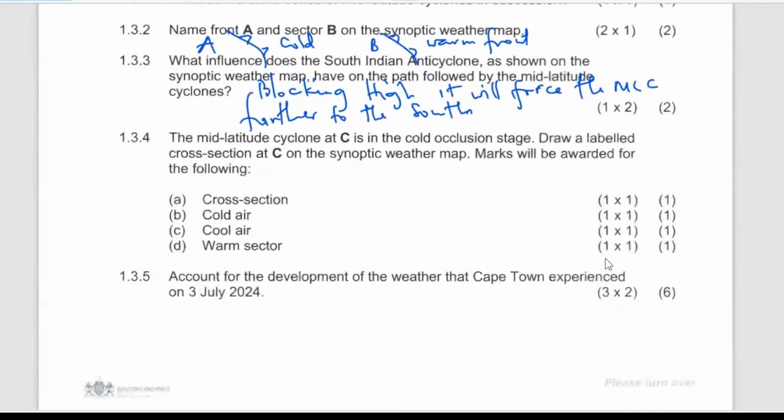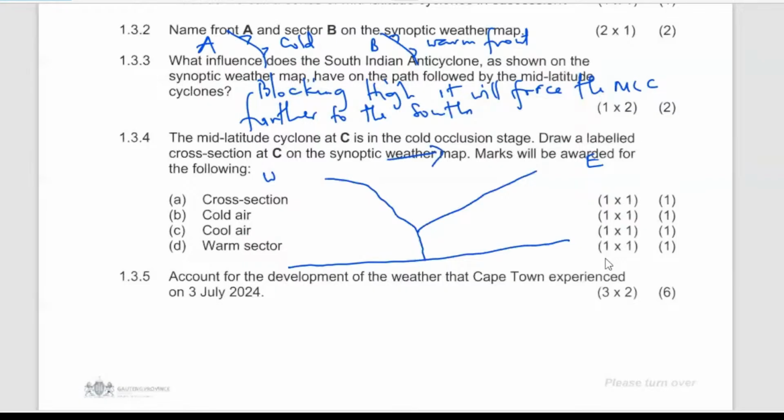So when you're drawing this as a cross-section, you know our cold front is steeper, so it must be like that. Then our warm front must start from somewhere there and is gentle. So this is our ground surface, and this is our west, and this is our east direction. We know the movement direction is always in that direction.